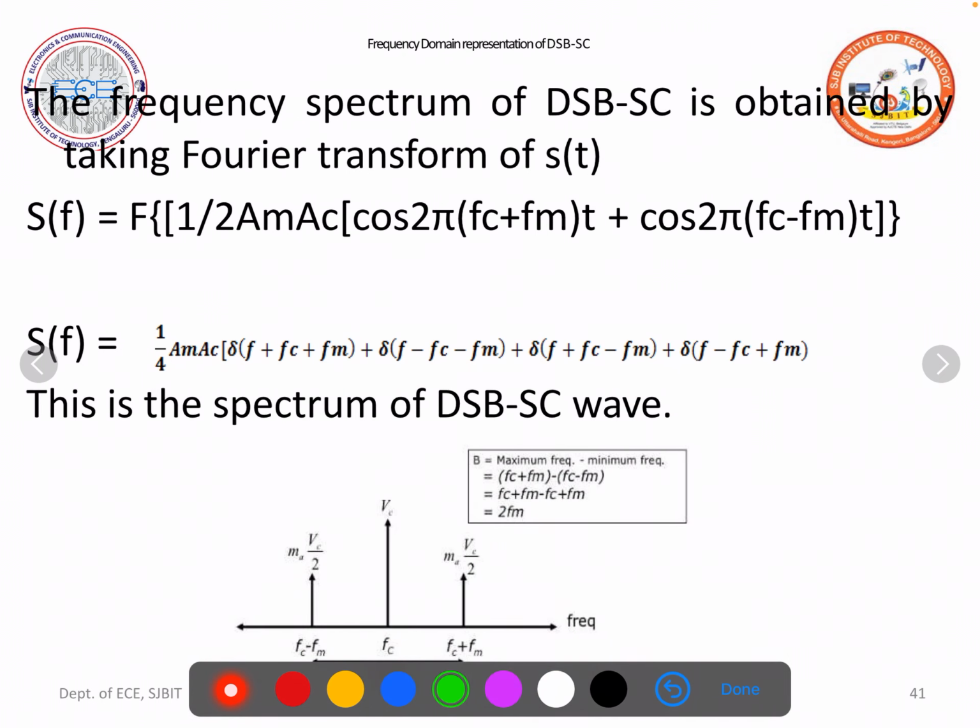After taking the Fourier transform, you will get this equation, and this is the spectrum of DSBSC, where you have the terms at fc plus fm and fc minus fm.